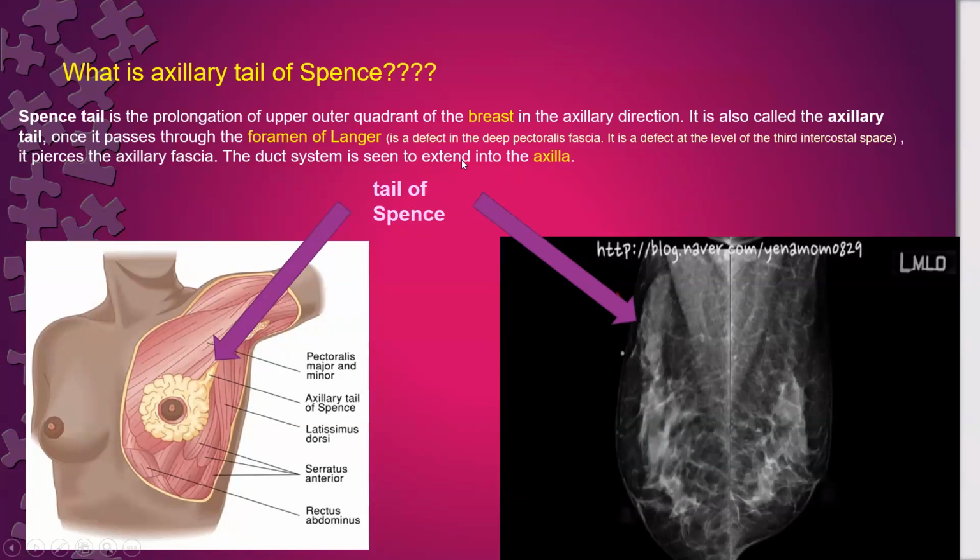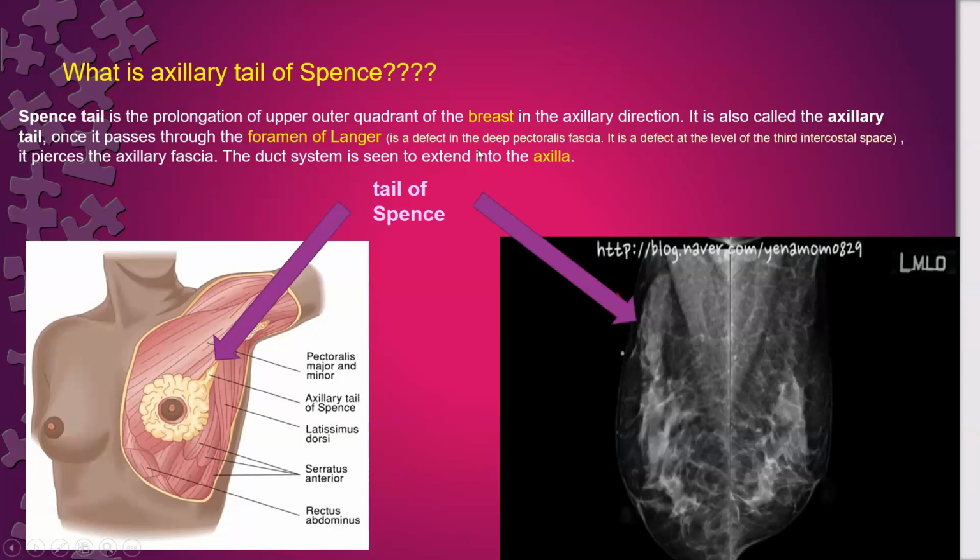And usually, if you remember, while we are scanning here, I told you while you are scanning on ultrasound, don't raise your probe. Extend in the upper outer quadrant until reaching the axilla, because you are following.